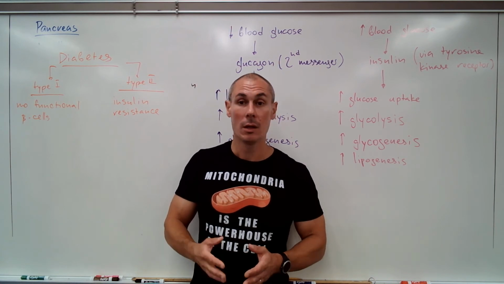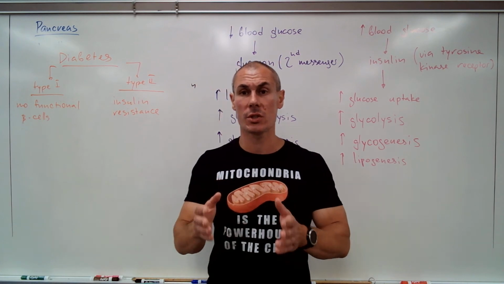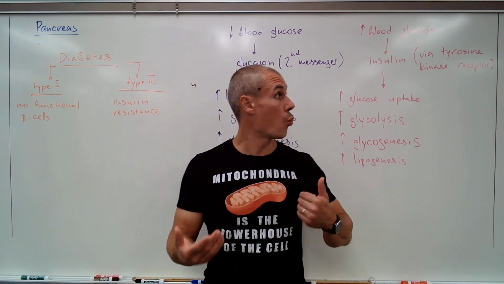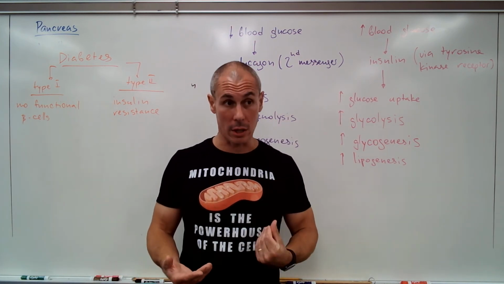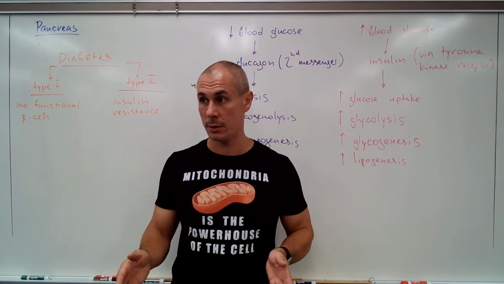That makes sense? So the good news is that, well, first of all, there is some glucose uptake all the time without insulin. We know that exercise generally increases insulin-independent glucose uptake in the muscles.